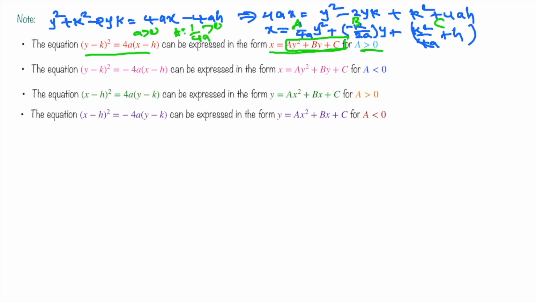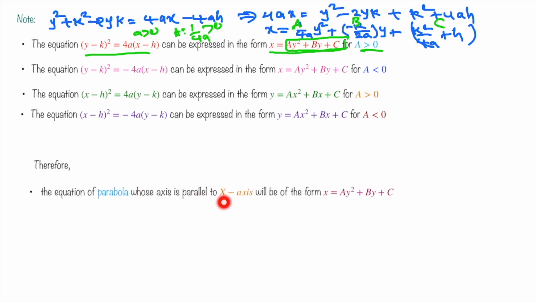Okay. So therefore, the equation of the parabola whose axis is parallel to the x-axis will be in this form: x equal to ay square plus by plus c, for some a non-zero, and b, c all real numbers. But a must be non-zero. If a is positive, this parabola will open to the right side.